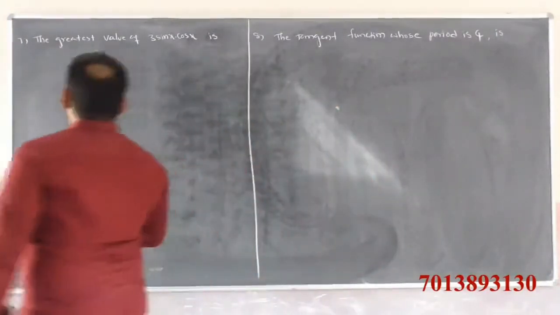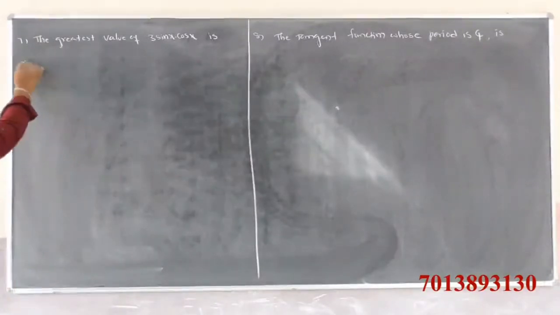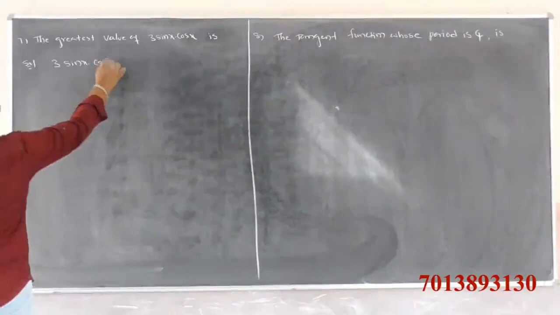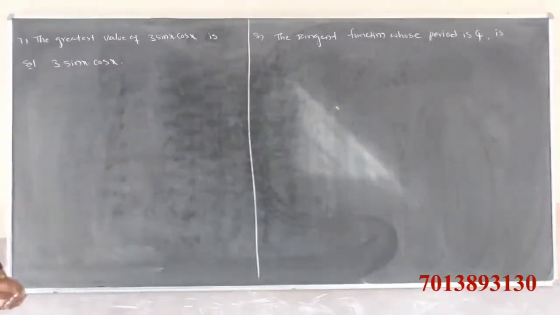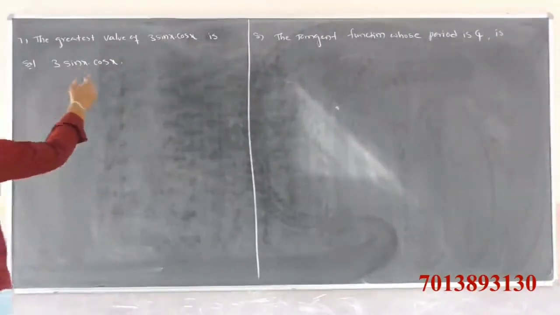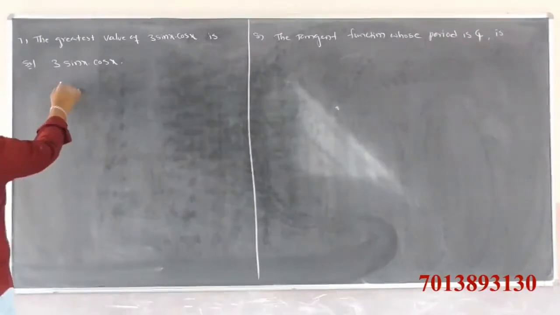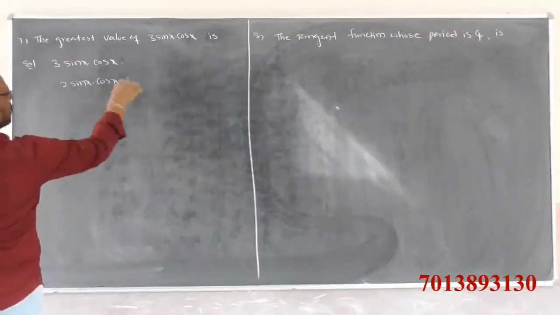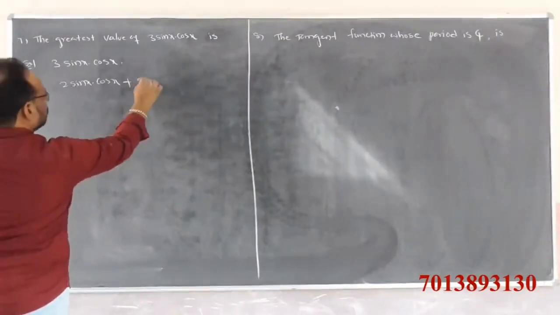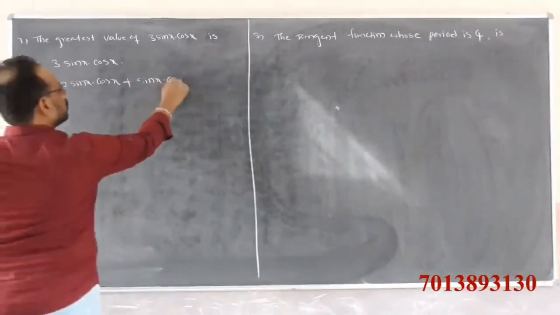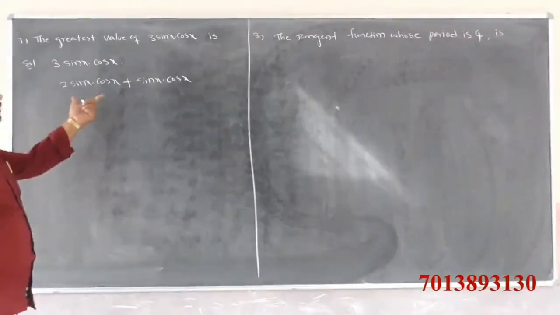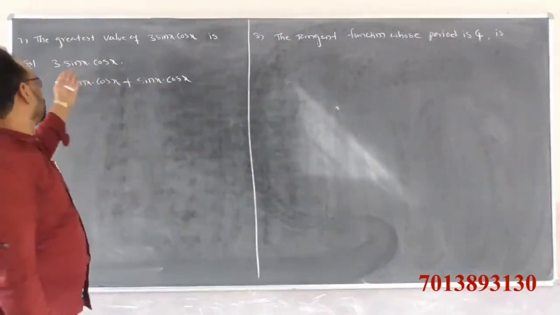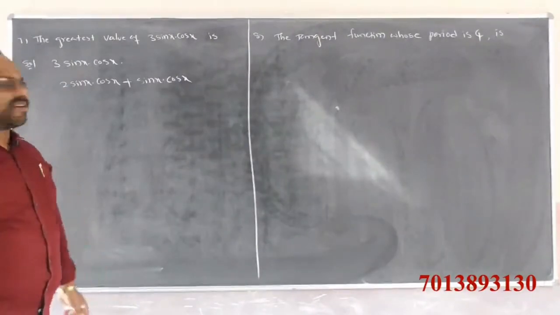So we convert it into a sin x plus b cos x plus c. Observe here, the function is clearly 3 sin x cos x. 3 sin x cos x can be written as 2 times sin x cos x plus 1 time sin x cos x.